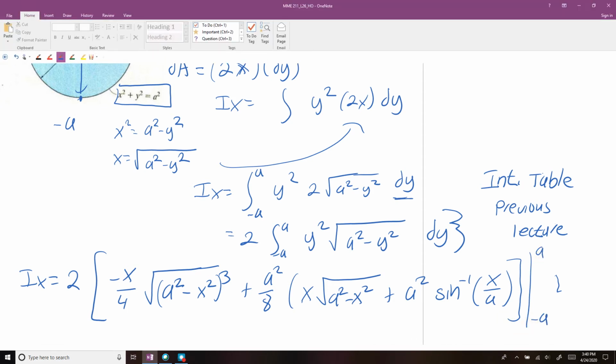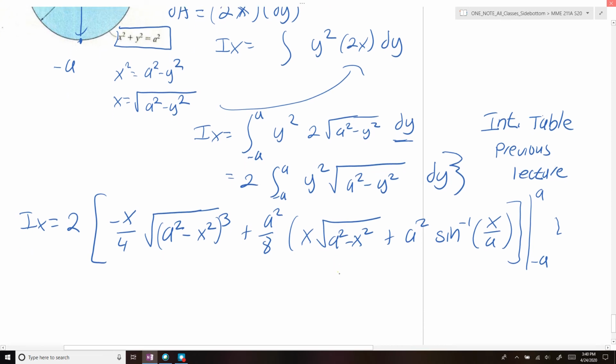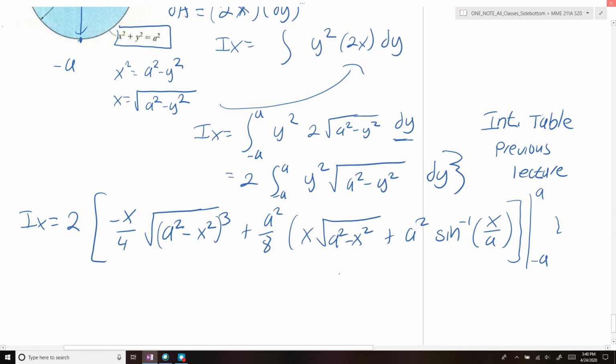This looks really ugly, but if we plug in x equal to a and x equal to negative a, the terms containing the square root give a squared minus a squared, which is equal to 0.